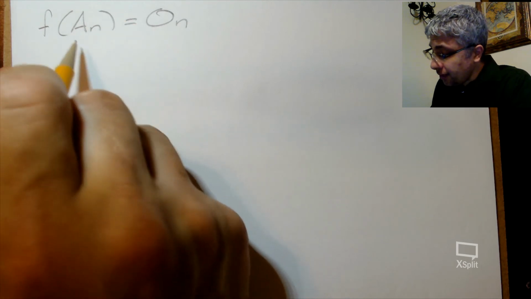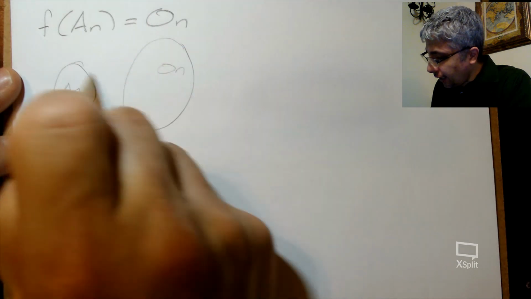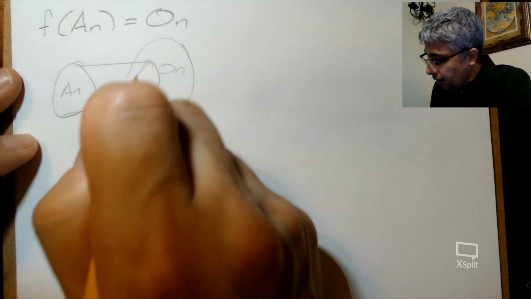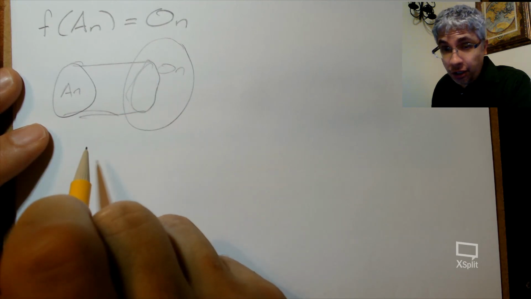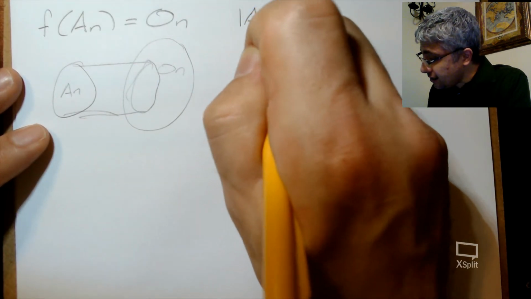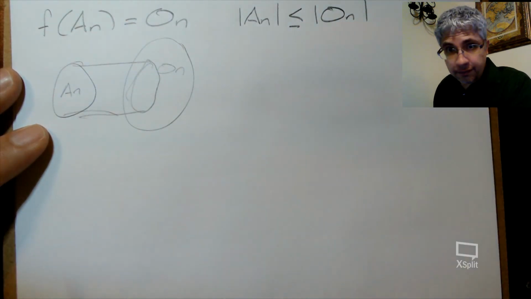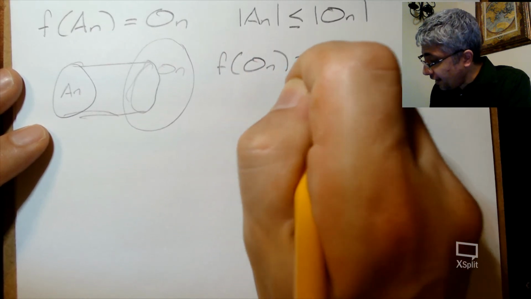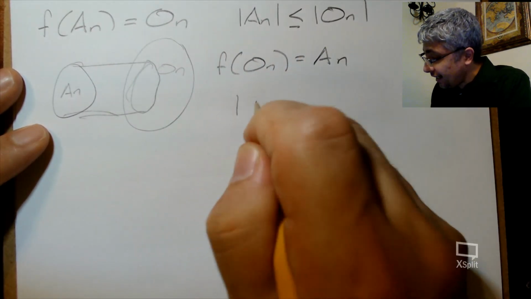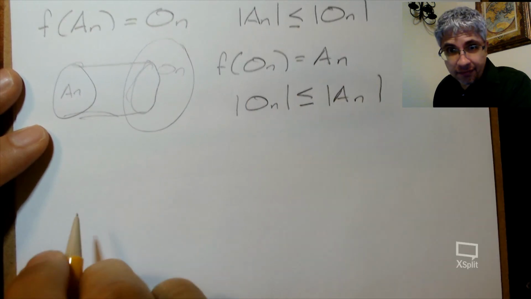So I have some map from the world of An to the world of On, where I can look at the image of An and it's contained inside On. So that means the size of An is less than or equal to the size of On. Okay, but since F of On equals An, I can use the same argument to conclude this.